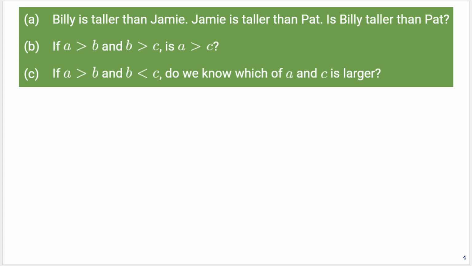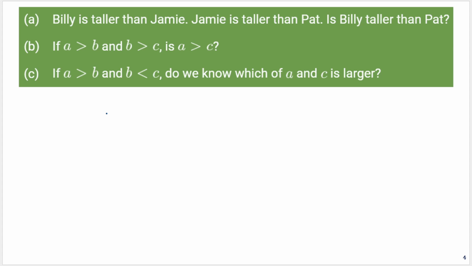In previous sections, we reviewed various ways in which we can manipulate equations. Here we do the same with inequalities. The first question asks: if Billy is taller than Jimmy, and Jimmy is taller than Pat, is Billy taller than Pat? It might seem obvious to you, right?